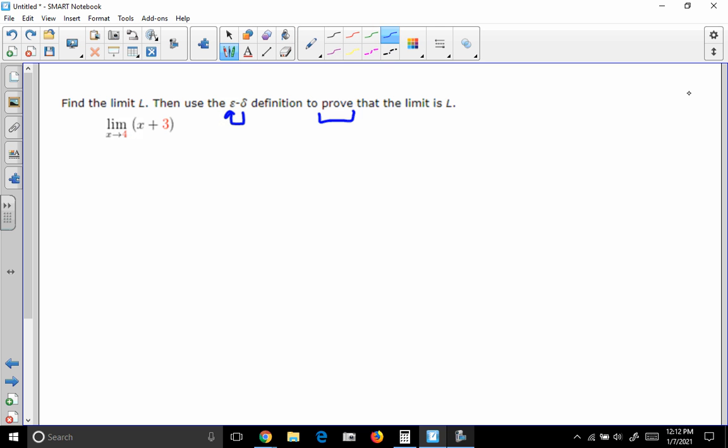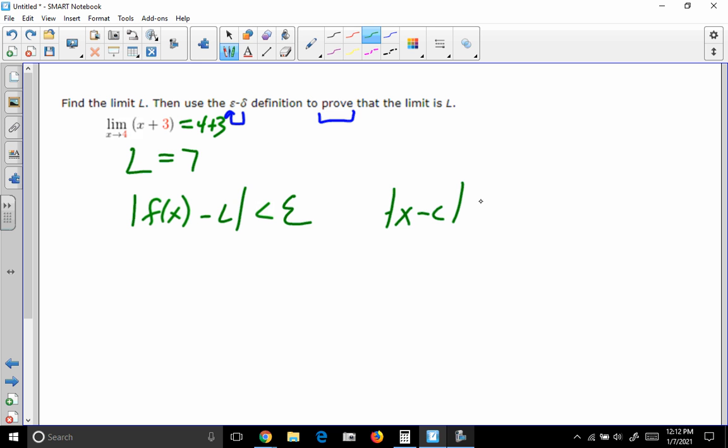So how are we going to do that? First of all, let's speculate what the limit is. For this one, if x is getting close to 4, then our function is getting close to 4 plus 3, or 7. So our limit is 7. So we need to show that as the absolute value of f of x minus L approaches epsilon, then x minus c is approaching delta.